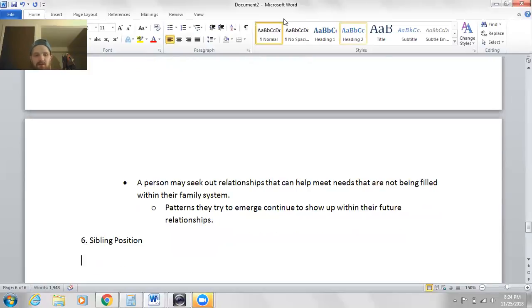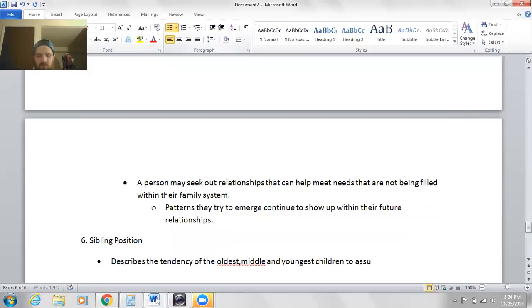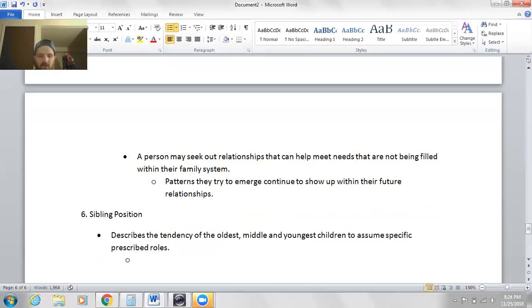So the sixth component is the sibling position. And within this describes the tendency of the oldest, middle, and youngest children to assume specific prescribed roles. And not every family is going to have all of these roles, so you can kind of mix them up within it if the person doesn't have all of it.